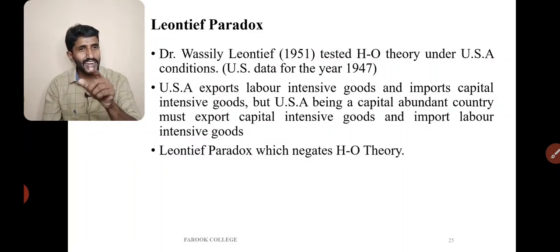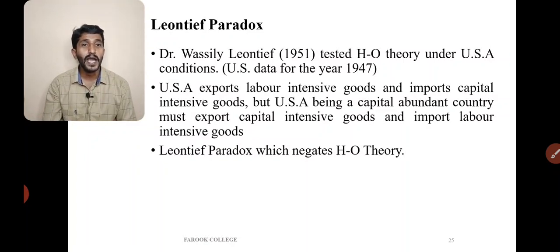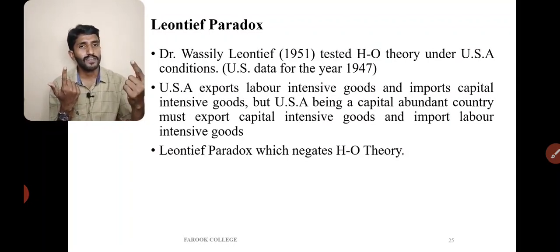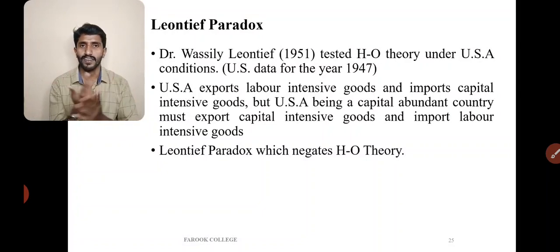USA exports labor intensive goods and imports capital intensive goods. This was the finding. But USA, being a capital abundant country, must export capital intensive goods and import labor intensive goods. So it is a direct opposite of what HO theory said. HO theory said, since US is a capital abundant nation, it should export capital intensive commodities and import labor intensive commodities.